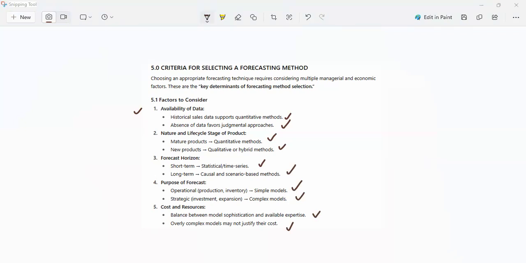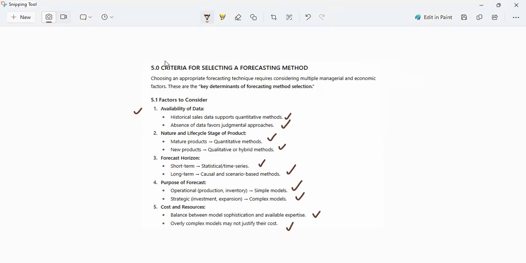Other factors are the volatility in the market and the managerial skill, whether the market will require an adaptive dynamic, or whether you require the skill of competent people like you who are learning these.